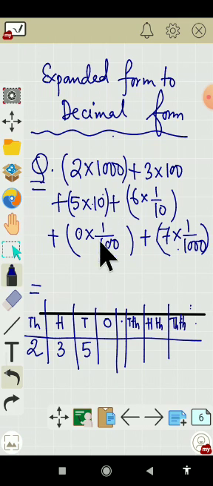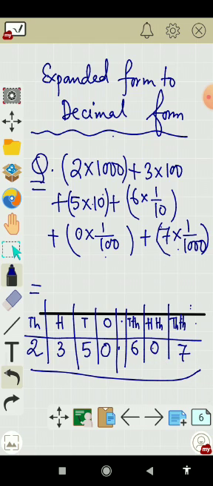one term is missing, so here we have to write 0, then the decimal point, then 6 by 10, that means 6 will be in the tenths place, and 0 by 100, that means 0 will be in the hundredths place. 7 by 1000, that means 7 will be in the thousandths place.